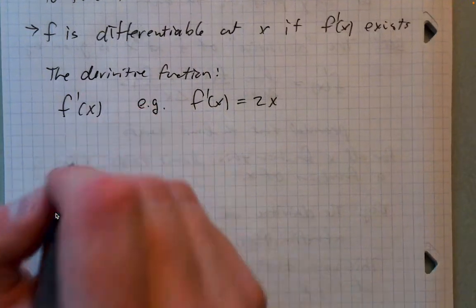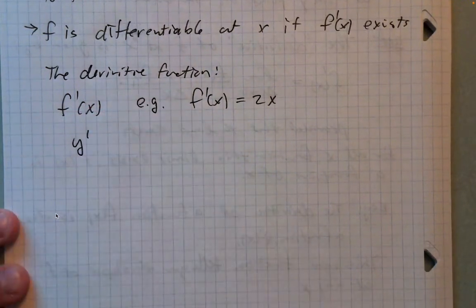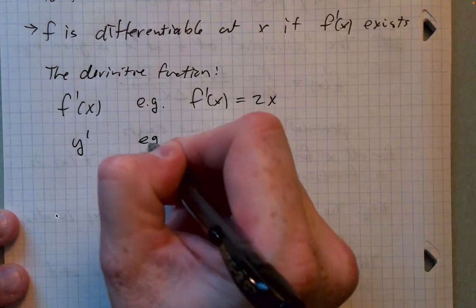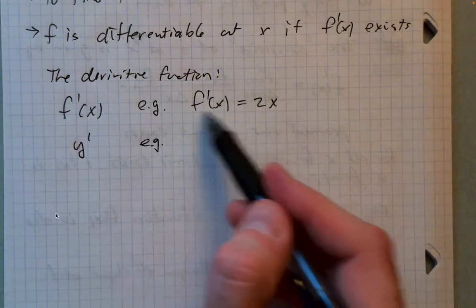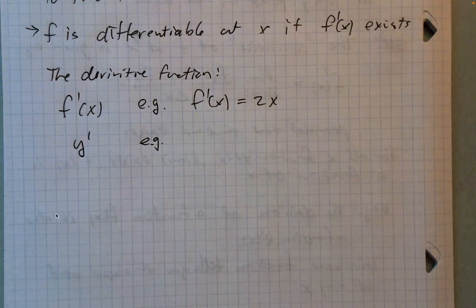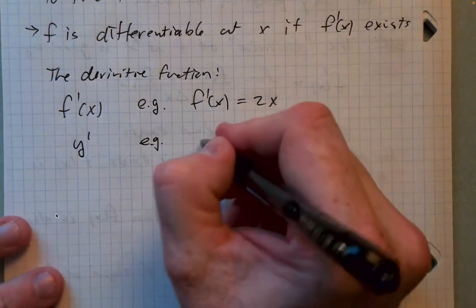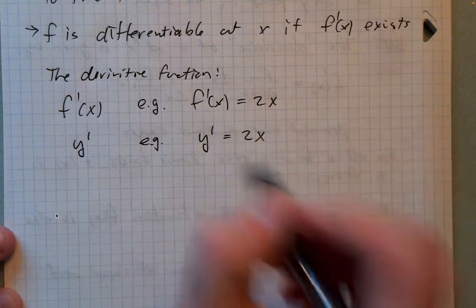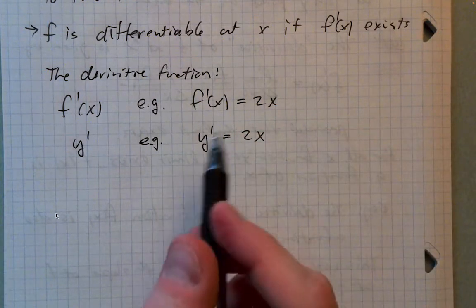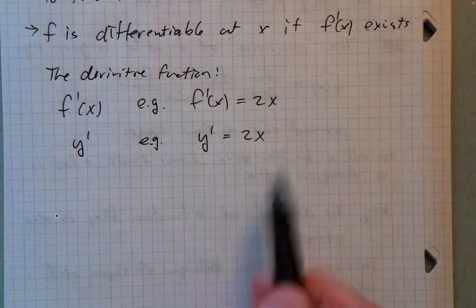Another example would be the y prime notation. Sometimes a function will be denoted using function notation, and sometimes people will use y equals 2x instead. In that context, you can also use the prime notation on the y variable like this, and this would be the derivative of y.